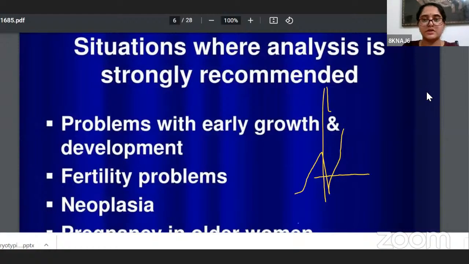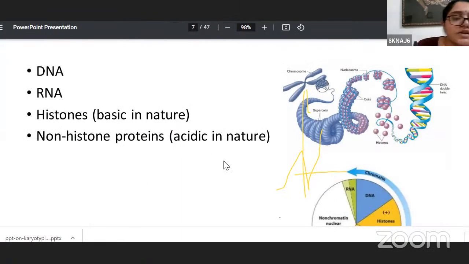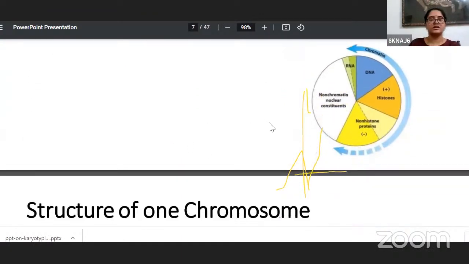When it comes to the chromosome structure and chemical constituents, it has DNA, RNA, and histones, which are proteins.